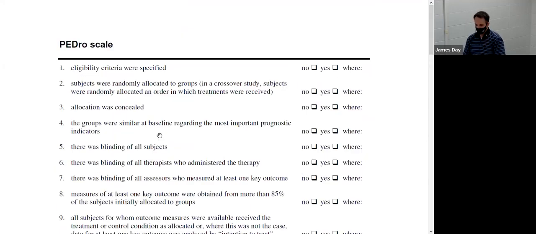The front page is the scale. So each article that you would include in your research project would include a Pedro scale or Pedro score. As such, that gives the reader an ability to quickly ascertain the internal validity of the study, which, if you remember, is the ability of the study to be true to itself and do what it says it does.